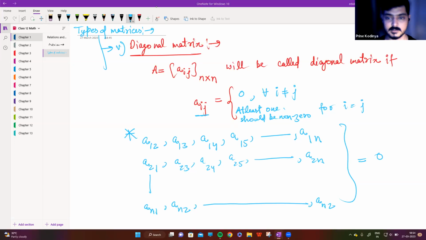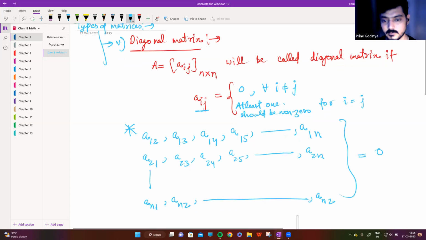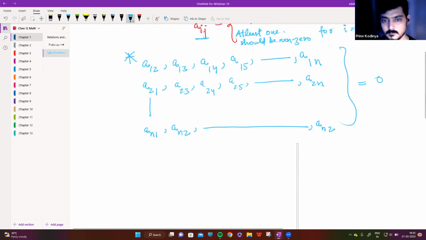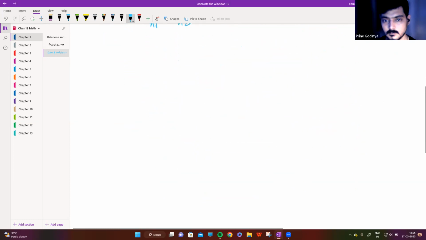Okay, let's take some examples of a diagonal matrix. So in case of a diagonal matrix, let's say we have this matrix.